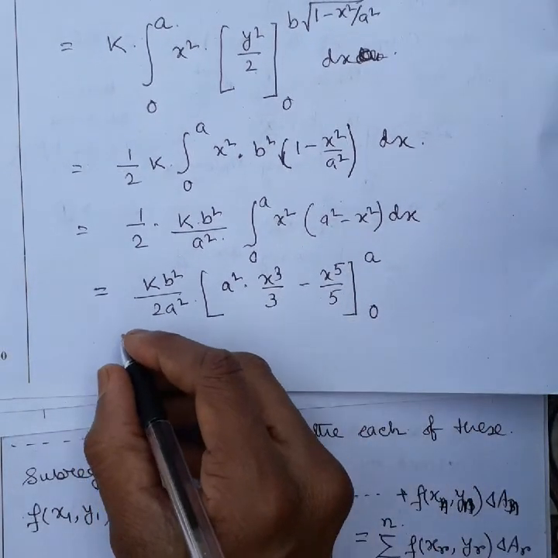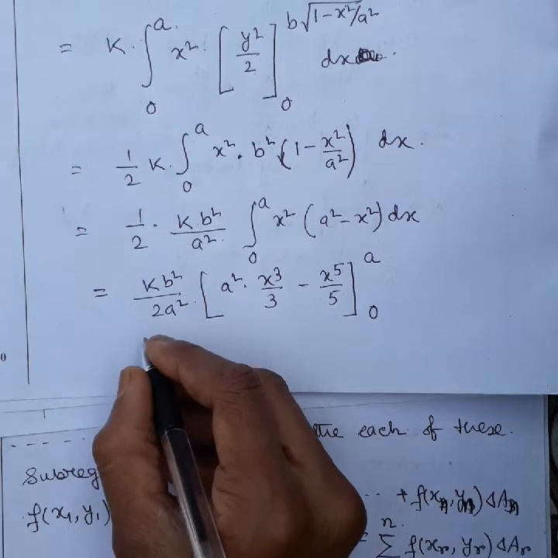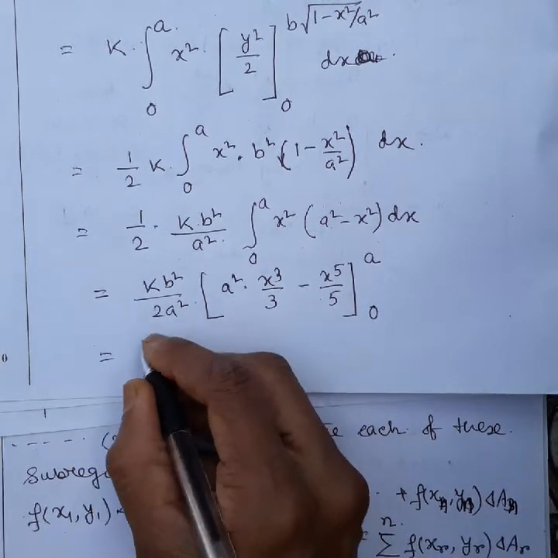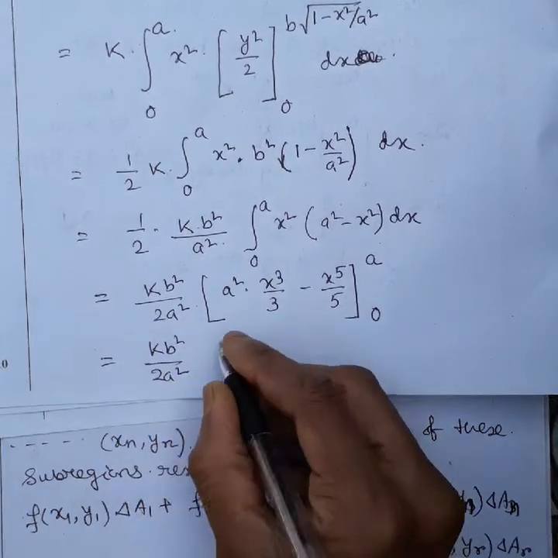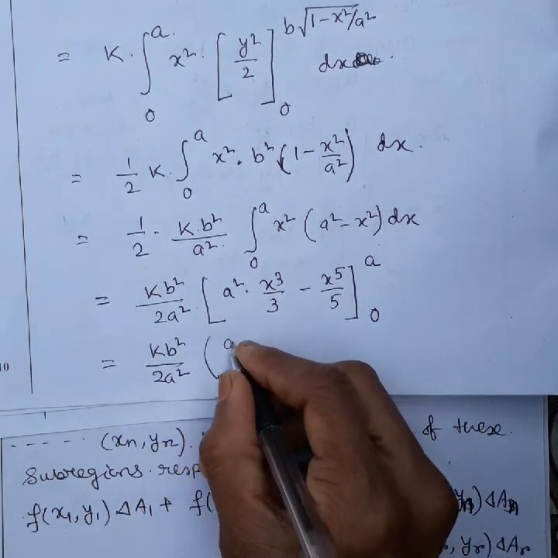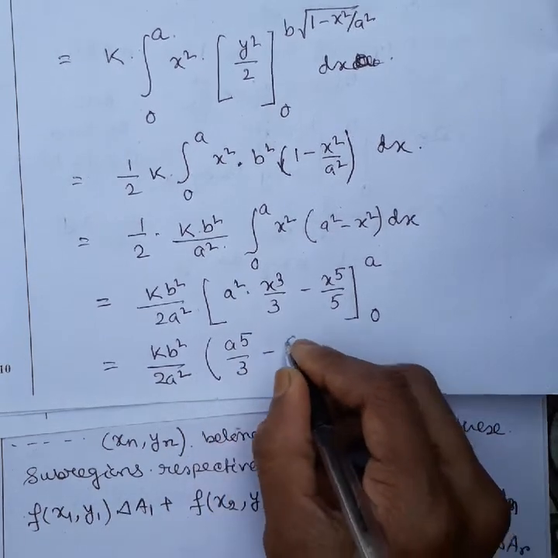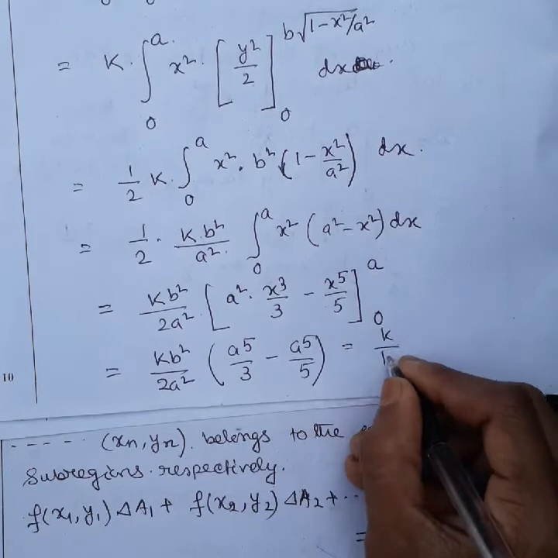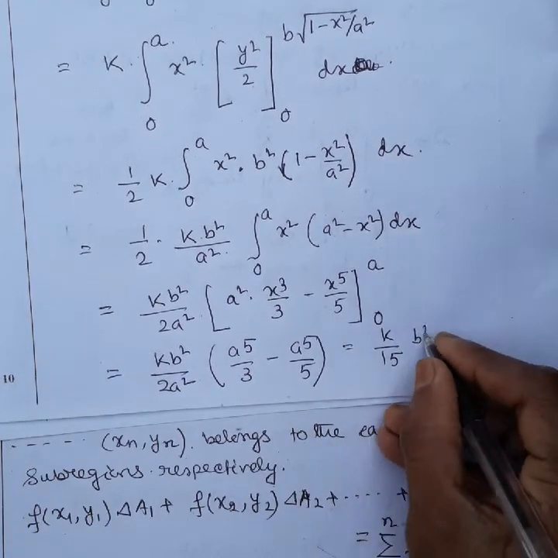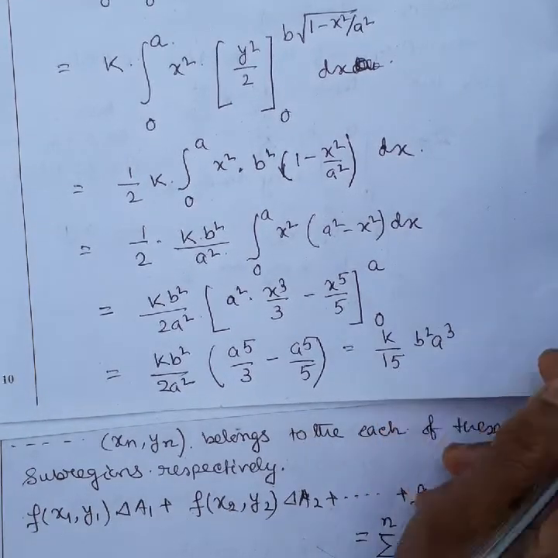After putting the values of the integration, this value will be k into b square by 2a square into a to the power 5 by 3 minus a to the power 5 by 5, that is equal to k by 15 into b square into a cube.